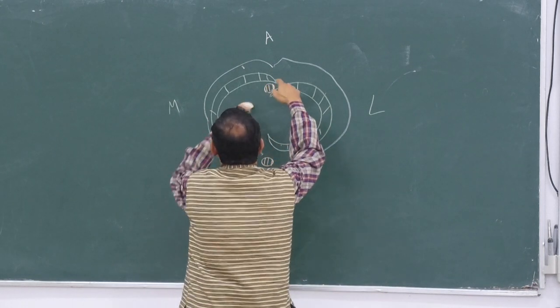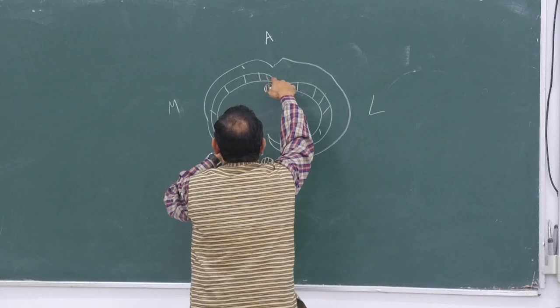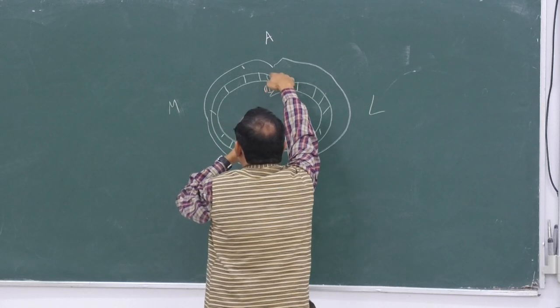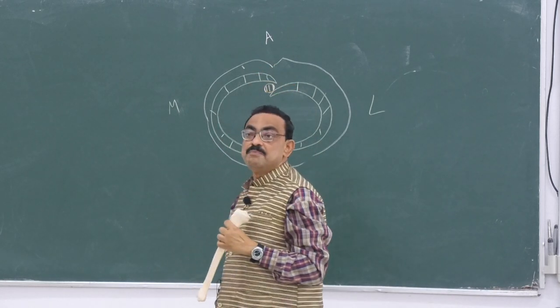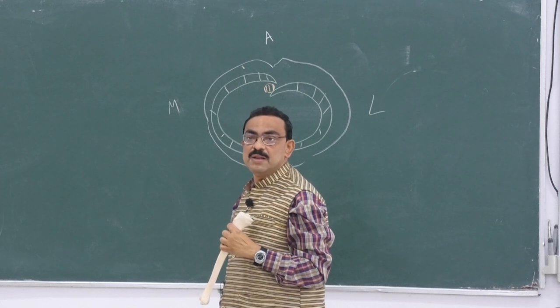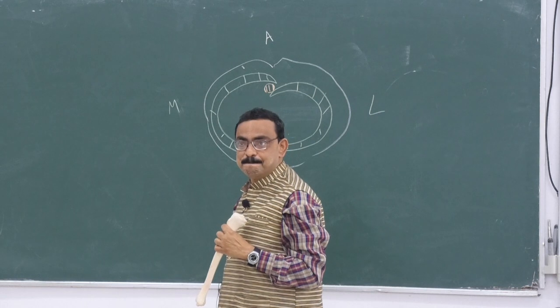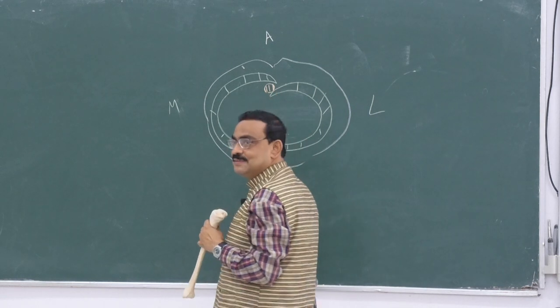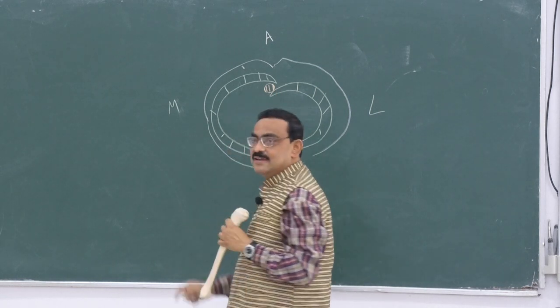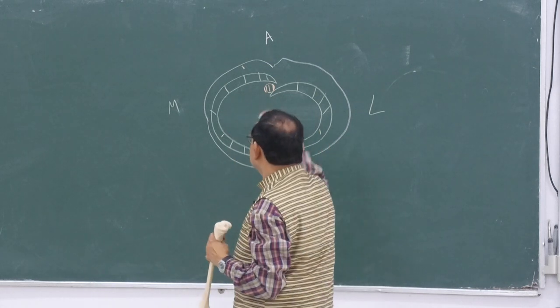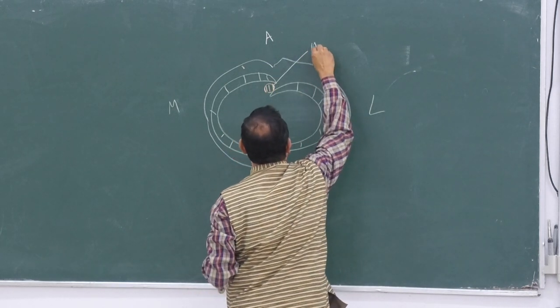This intercondylar area is occupied by these structures anteriorly by the anterior end of the medial semilunar cartilage. Medical college, M, medial. Then C, cartilage. This is the anterior cruciate ligament.